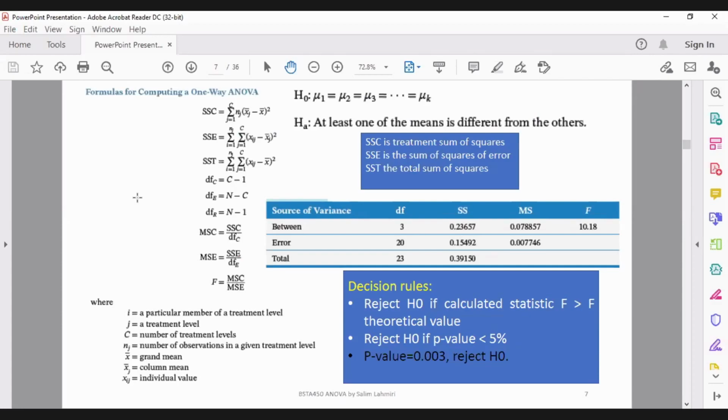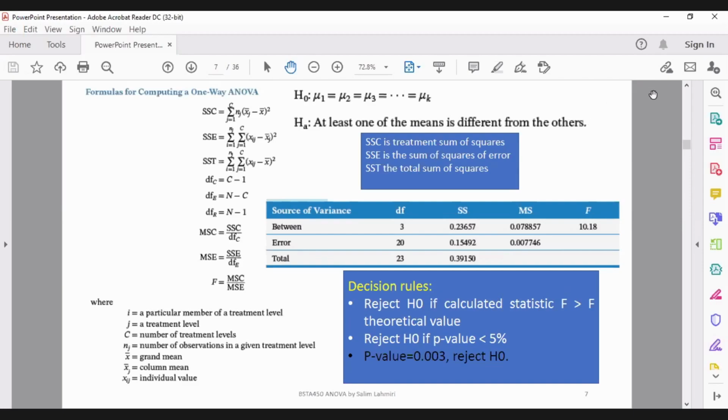Now, we need to perform the Fisher test to test the null hypothesis that mu1 is equal to mu2 is equal to mu3 is equal to mu k, where mu1 is the mean of measurements under experiment 1, mu2 is the mean or average of measurements under experiment 2, mu3 is the mean of measurements under experiment 3, and mu k is the mean of measurements under experiment k.